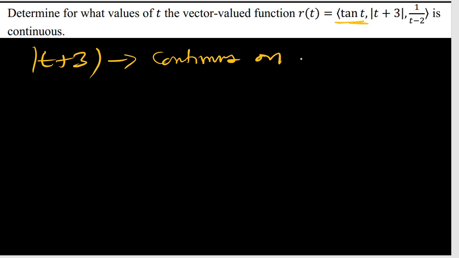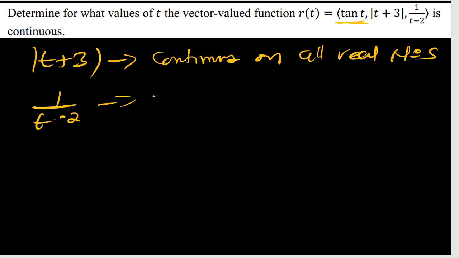The first one I'll look at is absolute t plus 3. We know this is continuous on all real numbers. Then the next one is 1 over t minus 2. It's continuous on all real numbers except 2.